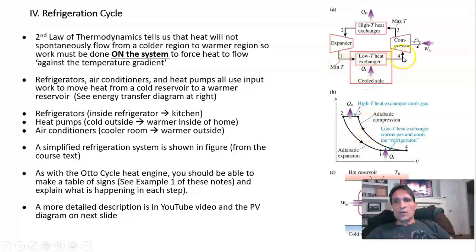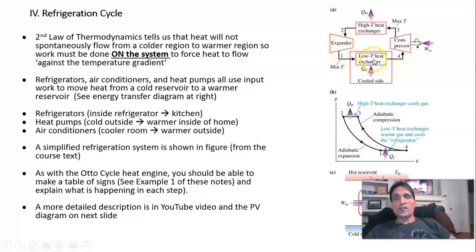So you have a closed loop here, and you have the compressor, and then you have the condenser, and then you have the expansion valve, which expands the gas, and then you have the evaporator. So let's look at each step in the process. Let's start here at point 1.